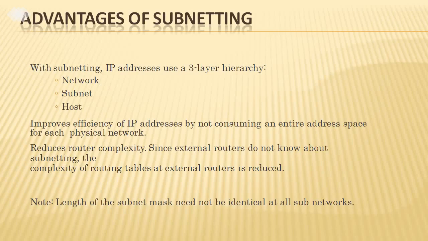External routers do not know about subnetting, so the complexity of routing tables at external routers is reduced. The length of the subnet mask need not be identical at all subnetworks. These are the advantages of subnetting.